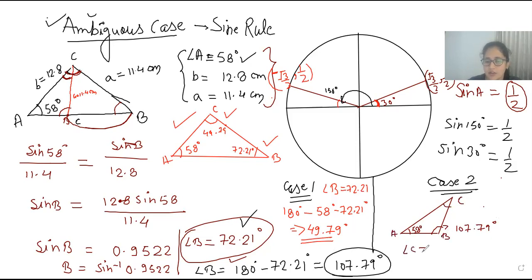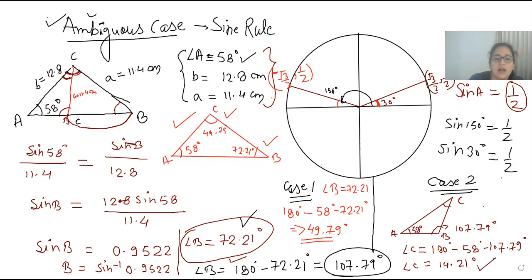So angle C is equal to 180 minus 58 minus 107.79 degrees. So angle C is equal to 14.21 degrees. So that case also exists.